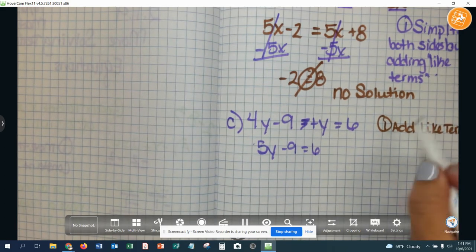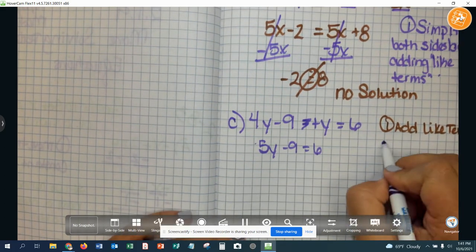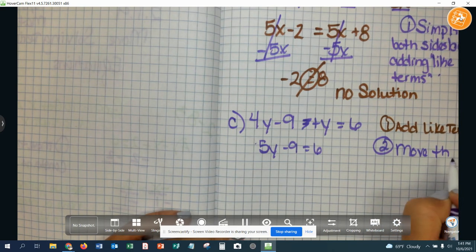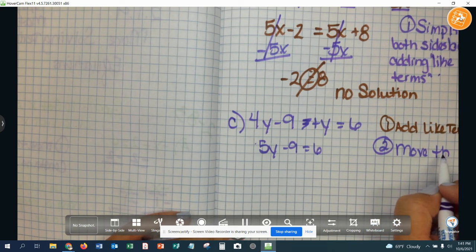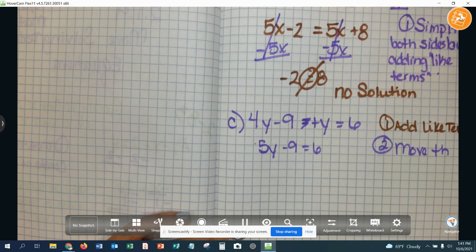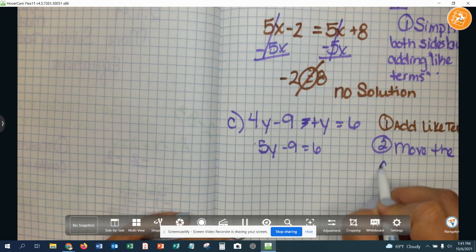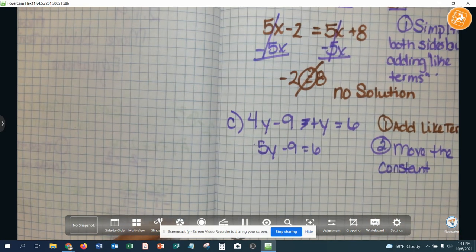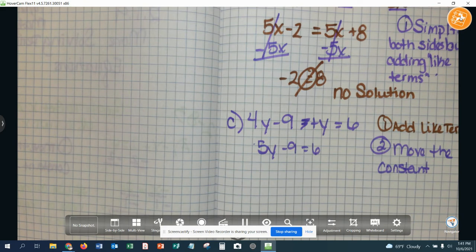You move the constant to the right side of the... Is it left or right? What do you think? Left. It's right because there's no other number on the other side. There's no other constant? Yeah. The constant's on this side of the equal sign. So you want to move it, yeah.